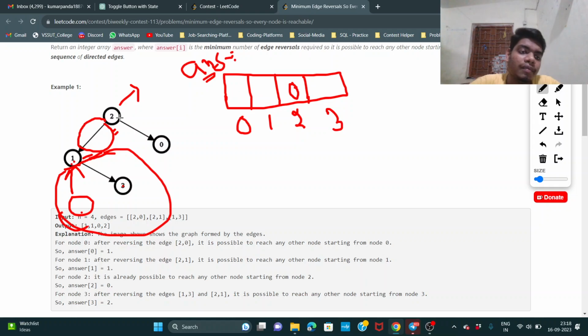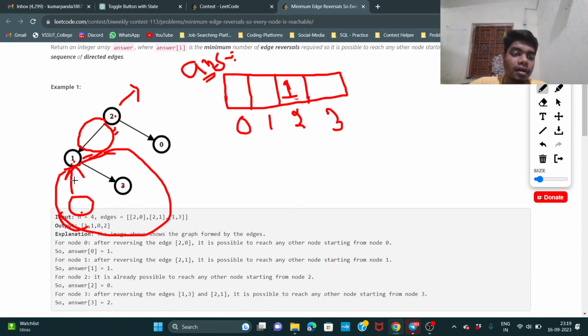If there is an edge like this, while calculating the answer for 2, I have to reverse this edge. Without reversing this edge, I cannot reach this node, right? So I have to reverse this edge.